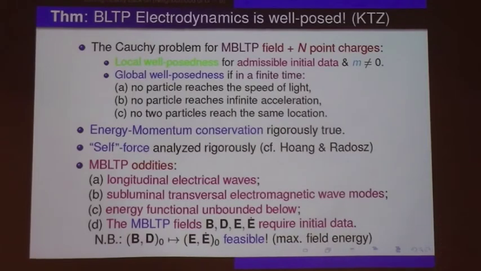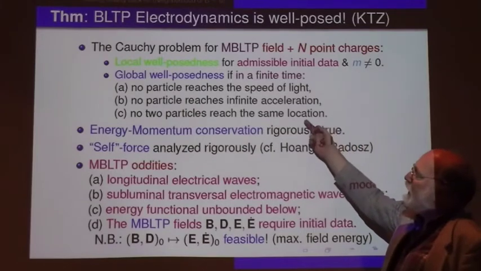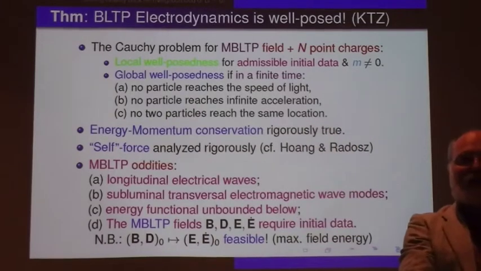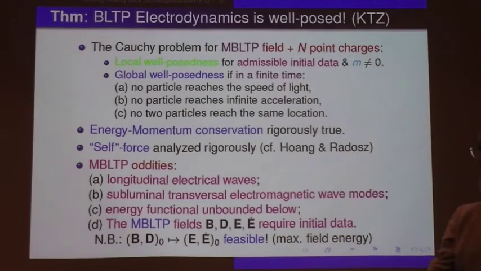So no particle reaches the speed of light in finite time, no particle reaches an infinite acceleration, and no two particles approach the same position, right? So, I mean, it's a little colloquially stated here. So that means if you can rule this out, you have global well-posedness.